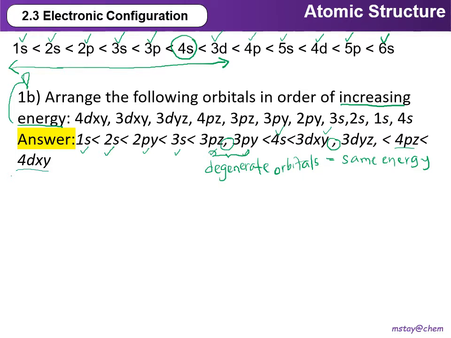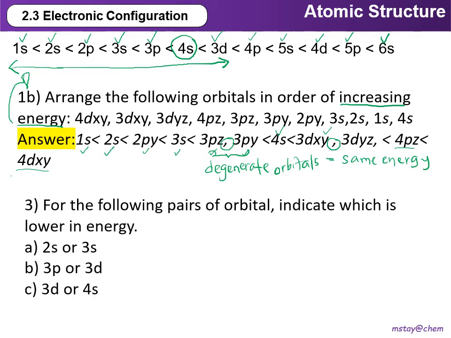Okay, before we continue to question number 2, I think we better continue with question number 3 because it is also related to the Aufbau principle. For the following pair of orbitals, indicate which is lower in energy. Again, we can refer back to this pattern here. When we have 2s and 3s, we can see the 2s orbital first, so 2s has lower energy.